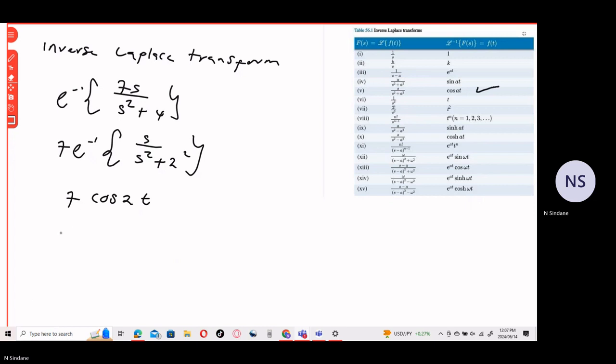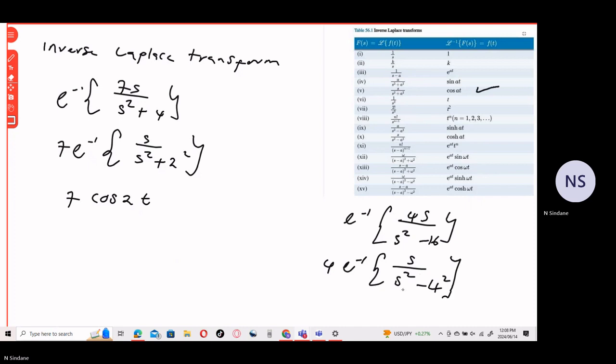Let's check the next one. Laplace inverse of 4s over s squared minus 16. When I look at this, I can take out this 4. This will be 4 Laplace inverse of s over s squared minus 4 squared.